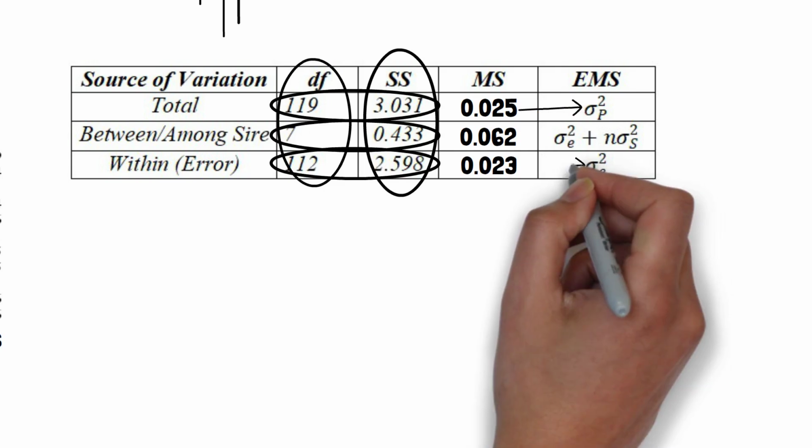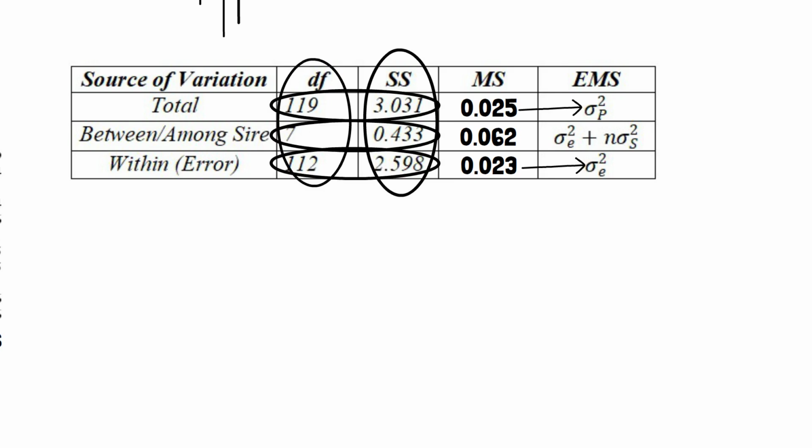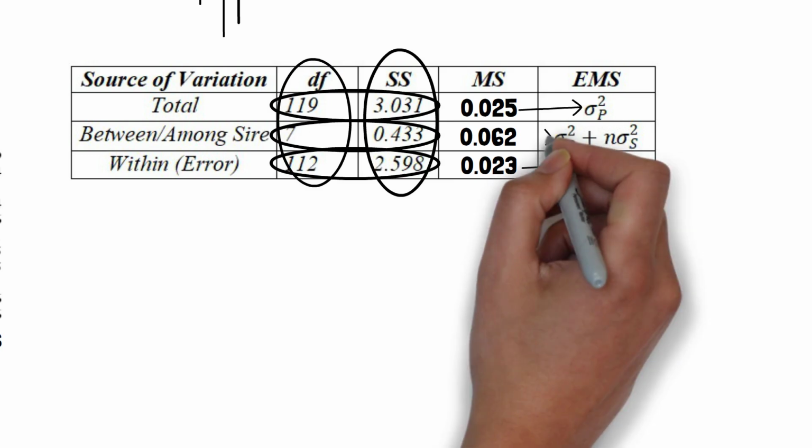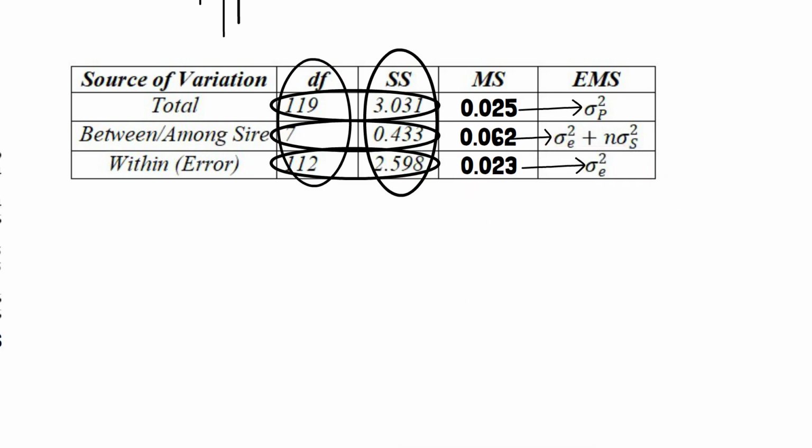The mean square for error within sires is equated to the error variance, sigma square E, while the mean square for between sires is equated to error variance plus n times the sire variance. The expected mean square for between sires is then equated to the mean square.